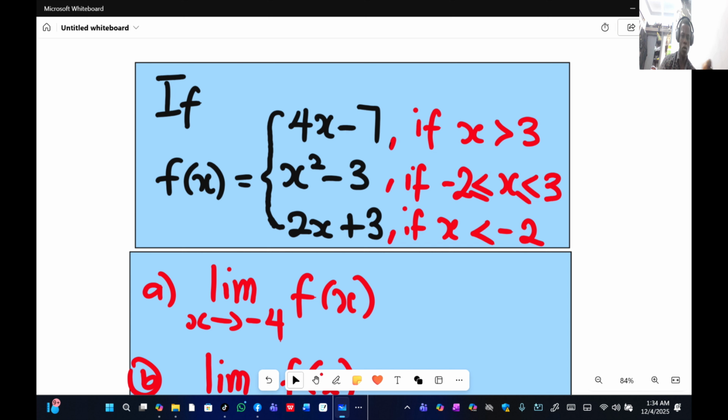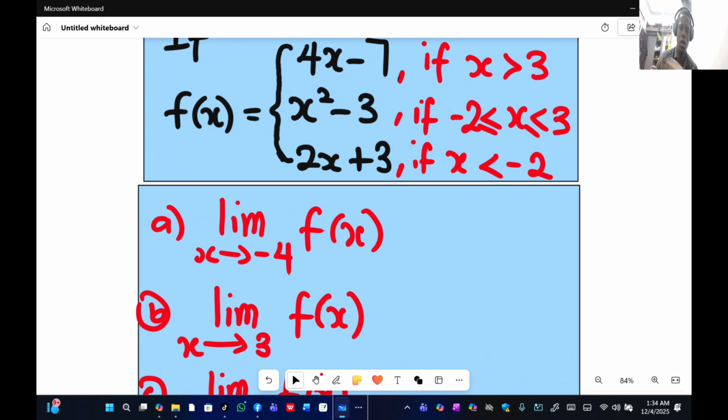We are to use the given conditions to evaluate the given limits. The first limit is the limit of the function f as its input approaches negative 4.